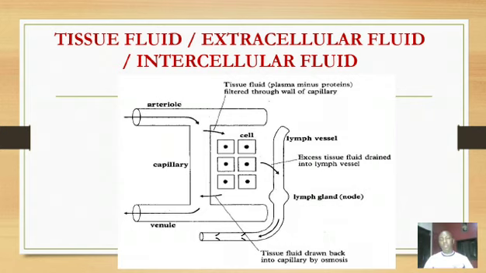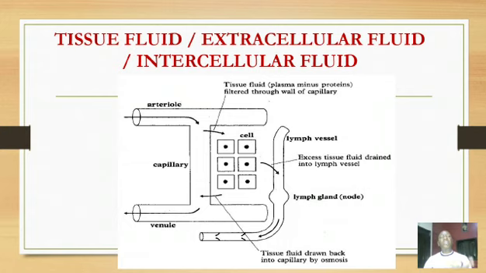These materials with small molecules include oxygen, glucose, amino acids, fatty acids. We talk of hormones, ions, antibodies, and some white blood cells.